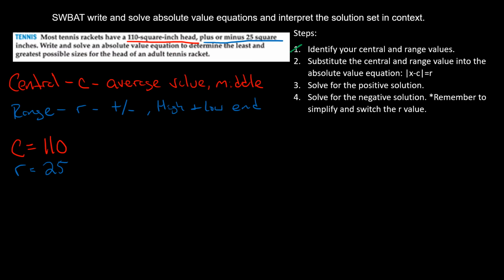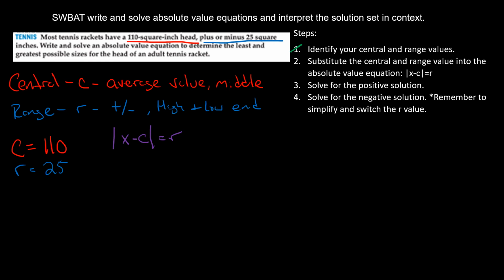Step 2 says to substitute this into our equation. Well, we're going to be using the equation, the absolute value of x minus c equals r. We're going to be solving these. So when we solve these, we're going to start plugging these in.